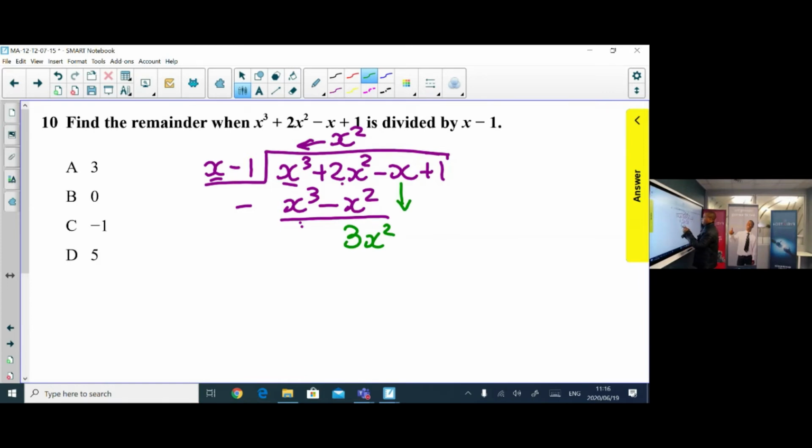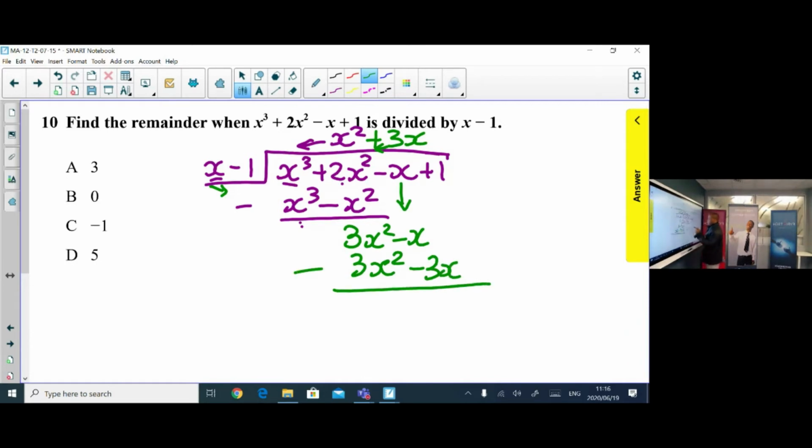So you now have minus x from above, and you divide again with this one. So x into 3x squared will be positive 3x. And then when you multiply it with the same, 3x times minus 1 will be minus 3x.